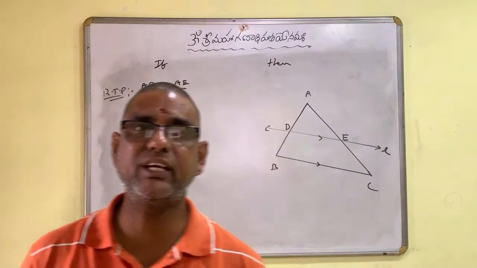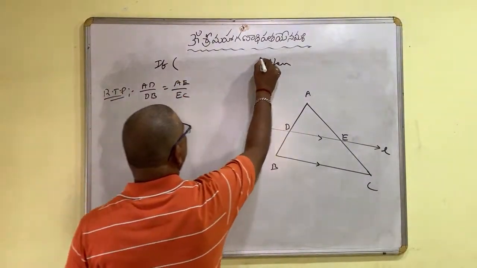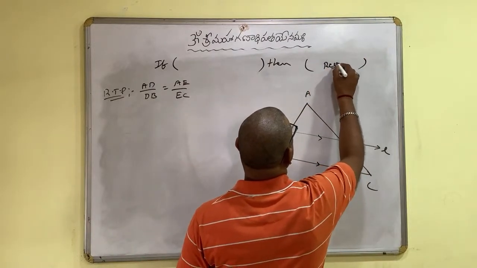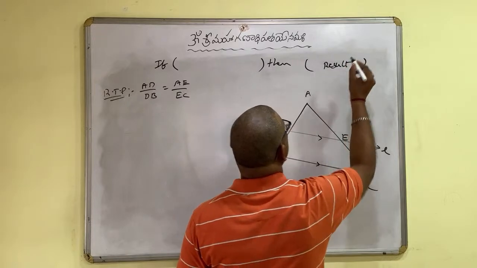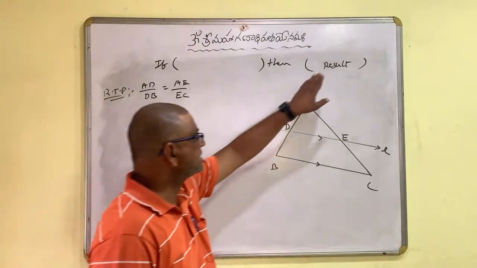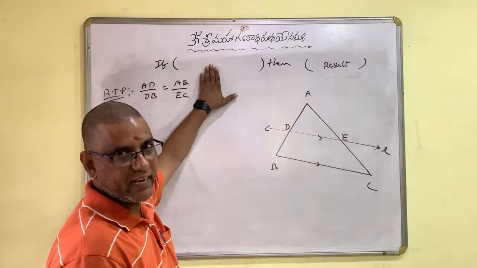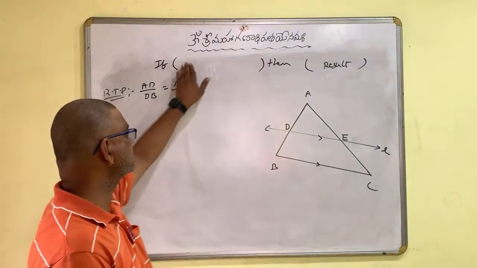Here we will have a condition, and here we will have a result. We will get this result only if we satisfy this condition, only when this condition is satisfied.